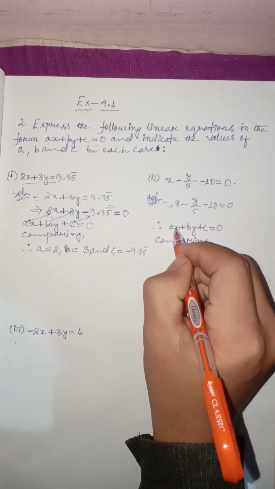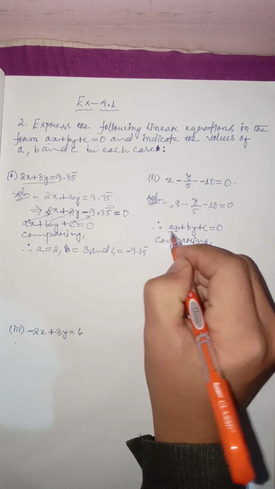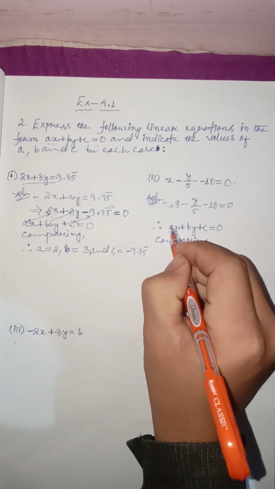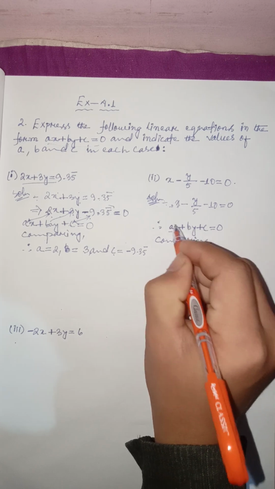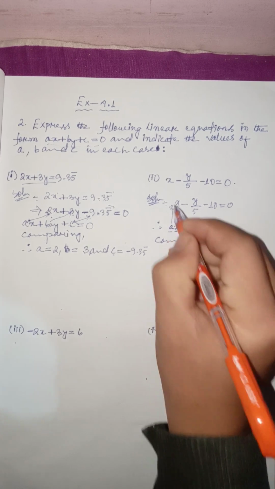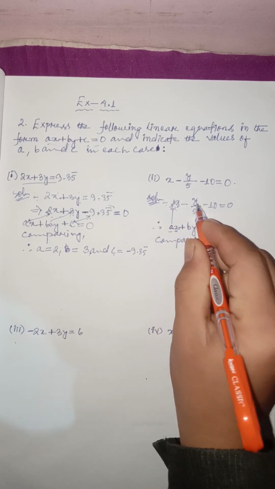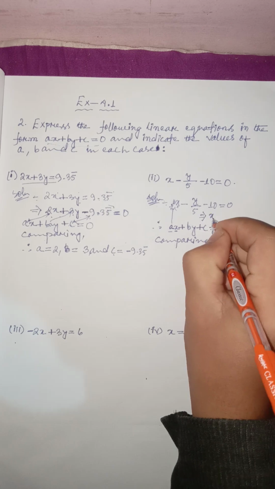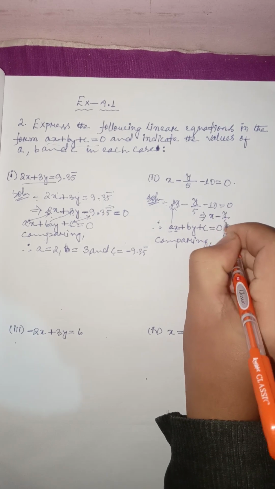Thus the coefficient of x is a, and the coefficient of x here is 1. Means we have to pick out the values of a, b and c. The value of a is 1 and the value of b is, let me write it once more, minus y by 5.